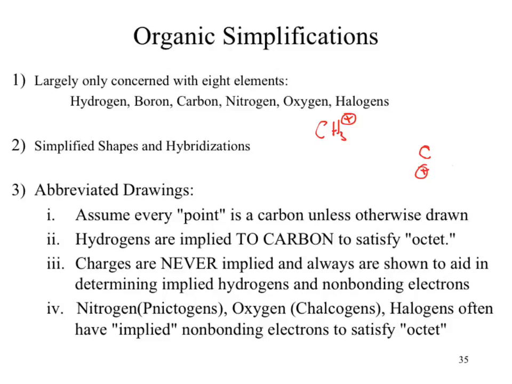If you do not show them, you lose your ability to track resonance, you lose your ability to track reactions. So show your lone pairs. Your textbook may start to imply lone pairs. Okay? This is something that is spotty and inconsistent at best across all textbooks, across all courses. Sometimes lone pairs are implied, sometimes they aren't.